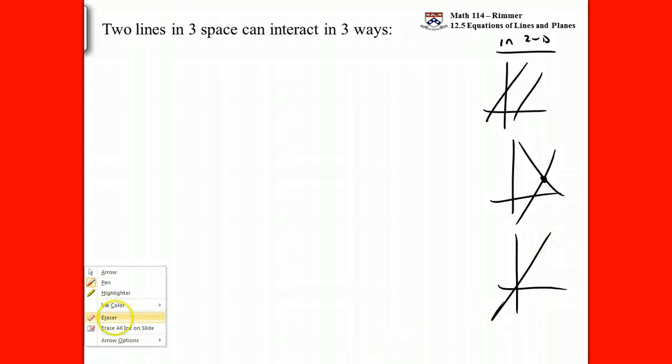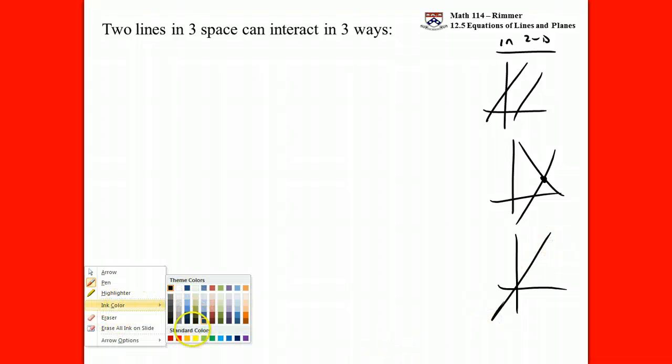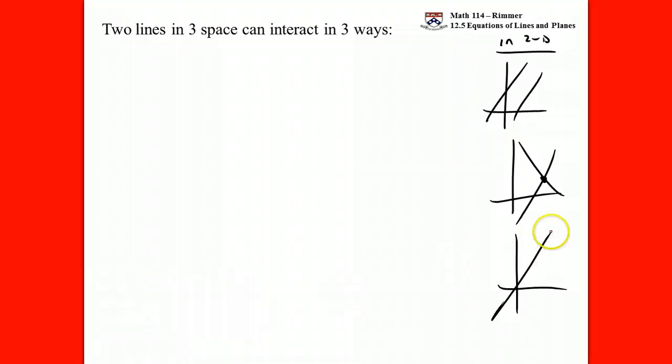Let me emphasize that by having 2 different colors here. Okay, these are the 3 different options you had in 2D.